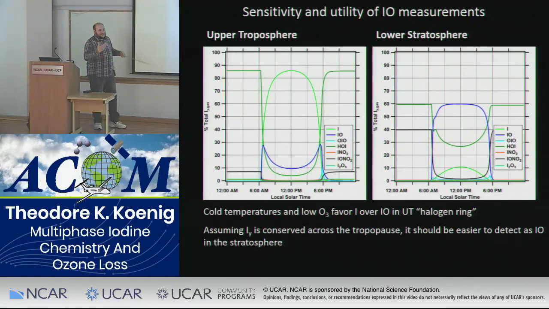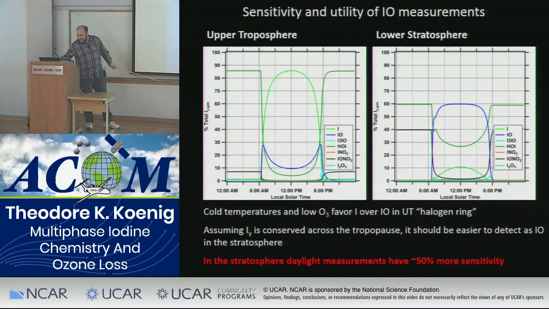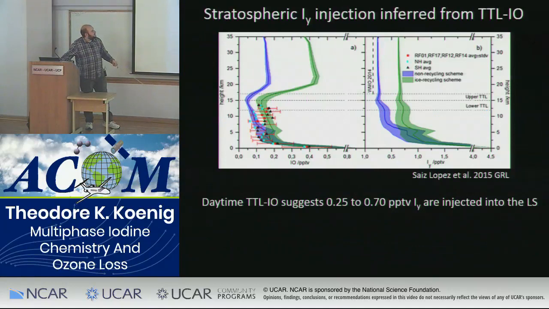So we have some hope of potentially having a better detection here in the lower stratosphere, just because of the time of day we're going to be measuring at. We're going to be measuring in the middle of the day. All the previous measurements were twilight measurements. We got roughly a factor of 50% more sensitivity in the stratosphere.